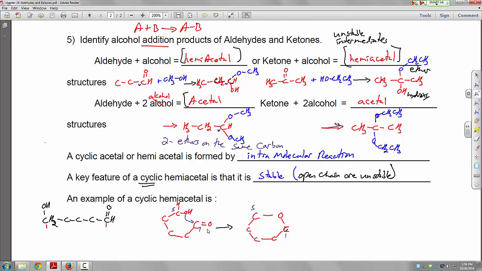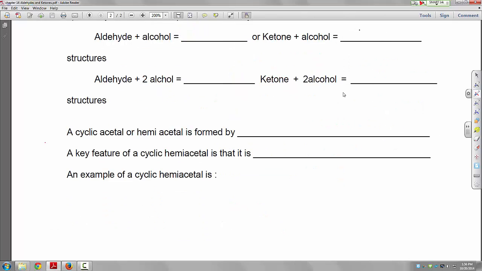But on this carbon here that had the carbonyl, this is carbon number 1, this gets the alcohol, just as it did up here, where the carbonyl carbon got the alcohol. So we have a carbon, oxygen, carbon ether here, and an OH here. That's a cyclic hemiacetal, and this is stable. It's not just a reaction intermediate, it's actually stable. One other thing I should mention about these cyclic hemiacetals is that they are found in carbohydrates.